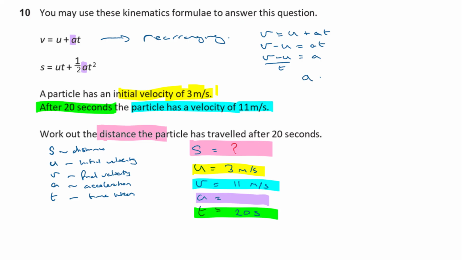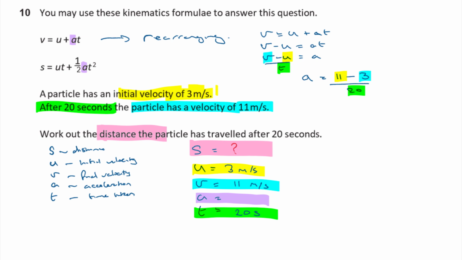So then a is going to be v, 11, minus u, 3, divided by t, 20. So v was 11, u was 3, and t is 20.